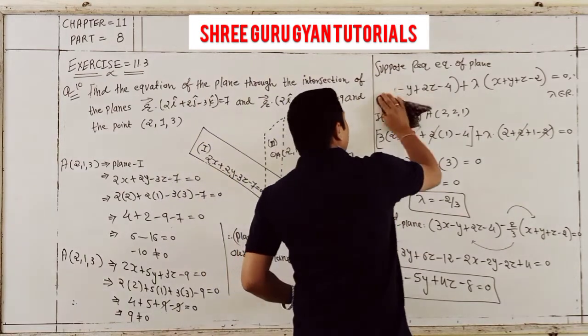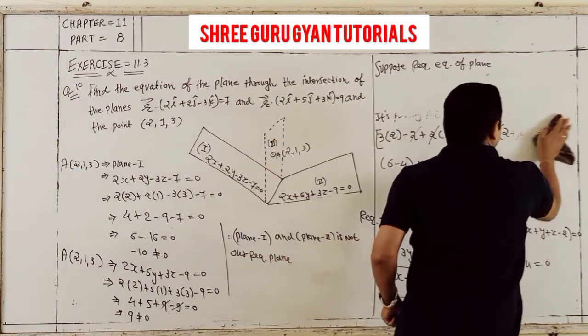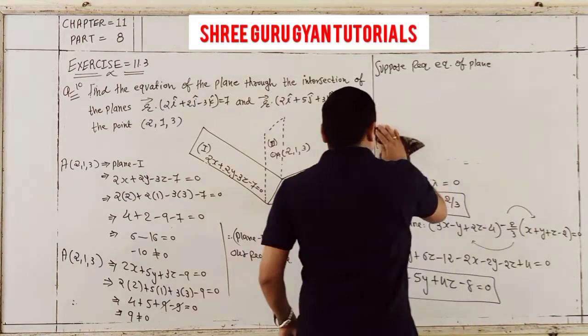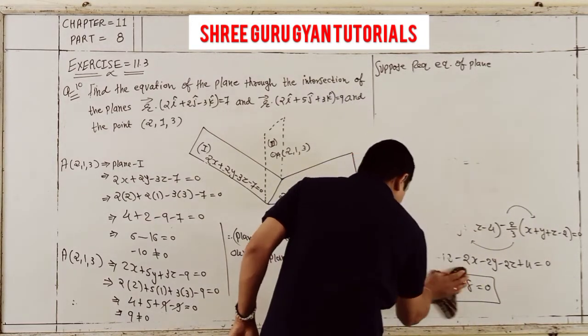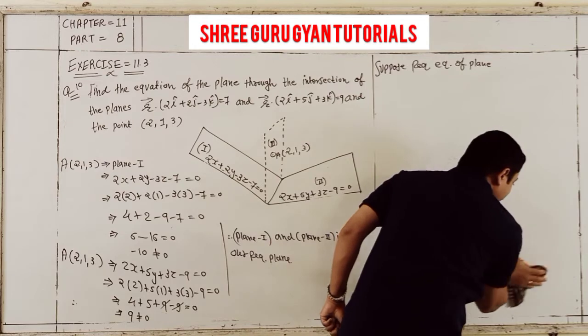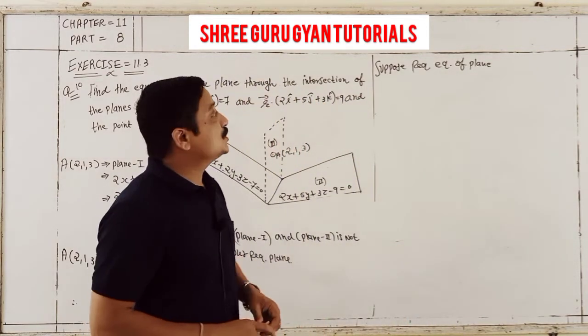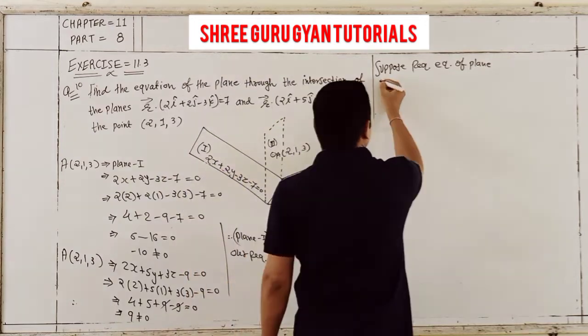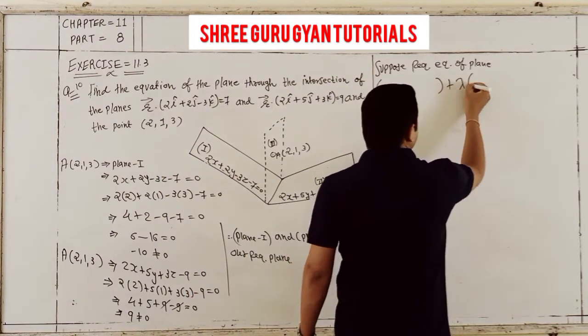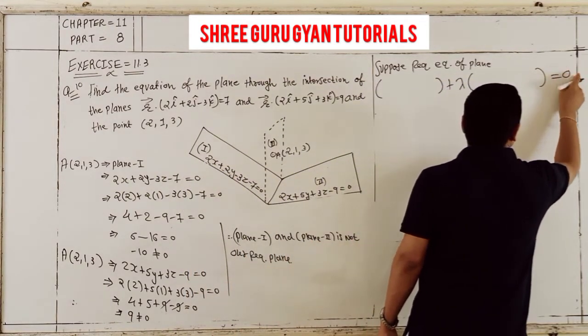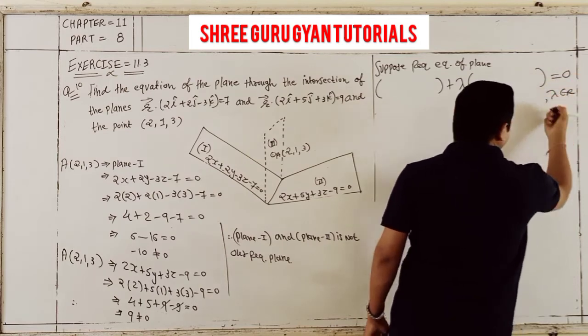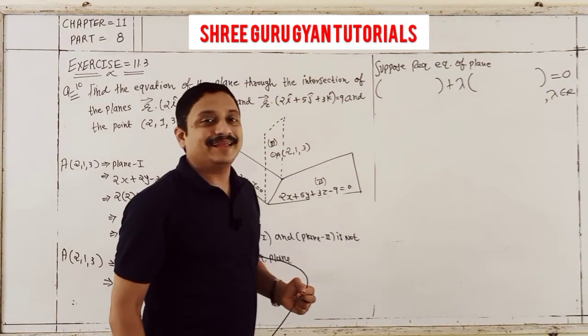Now I go to the suggestion. Suppose the required plane is in plane 1 and plane 2. I just mentioned the lambda theory, and easily derive our value of lambda. So suppose the required equation of the plane is plane 1 plus lambda plane 2 is equal to 0, where lambda belongs to R, and simply apply the value.